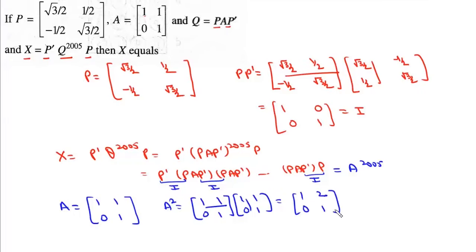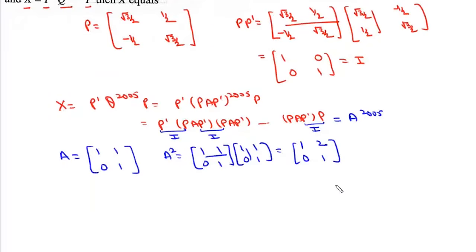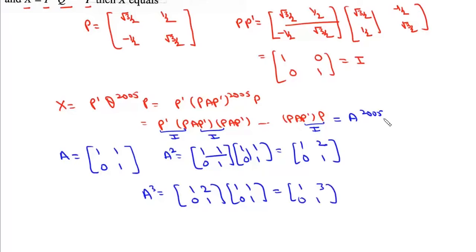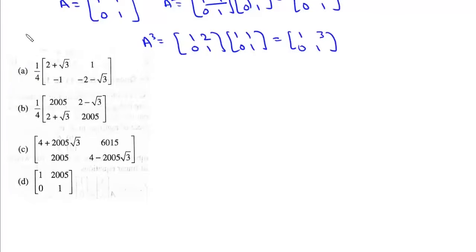Now we multiply it with A again, we'll get A cube, which is 1 2 0 1 into 1 1 0 1, which is 1, 3, 0 and 1. So in the same way we can write A to the power 2005 will be 1, 2005, 0 and 1, and that's your option D.